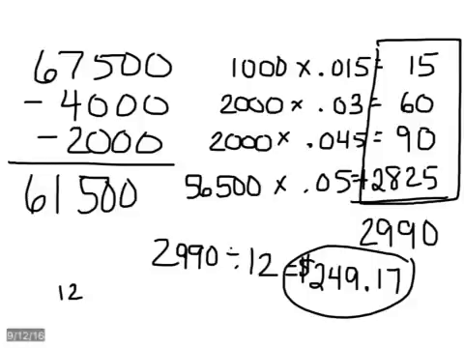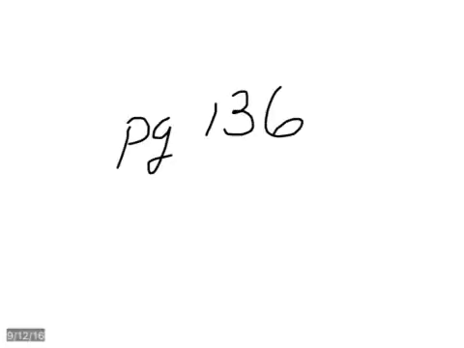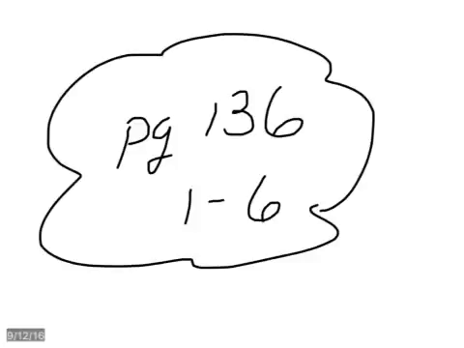Okay? Is everybody all right with that? So, on page 136, I'm going to give you points for those first two. So hopefully you got them down. If you didn't, you just got to redo them. It's only 1 through 6.